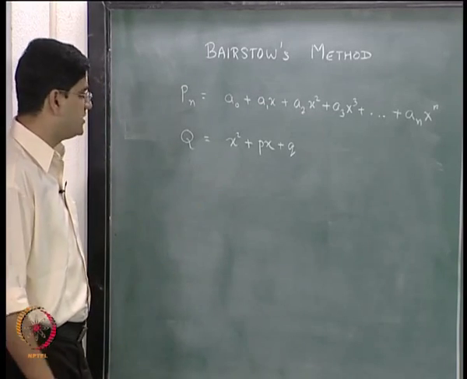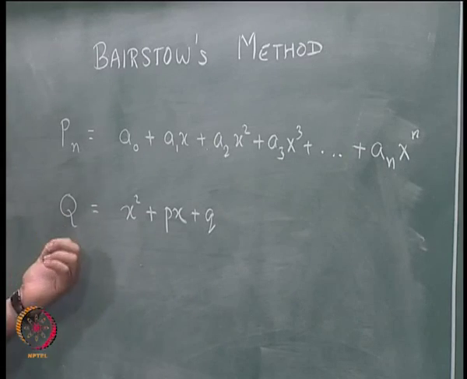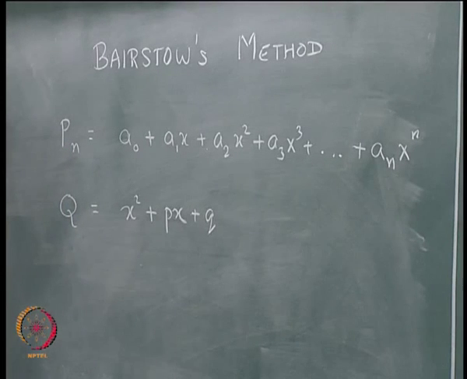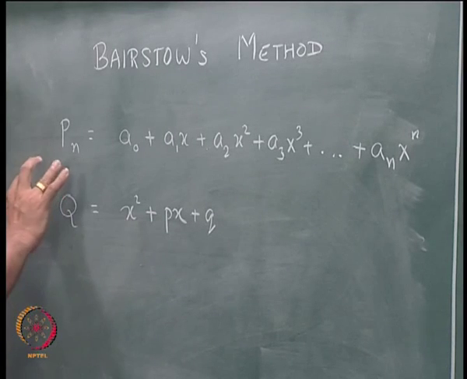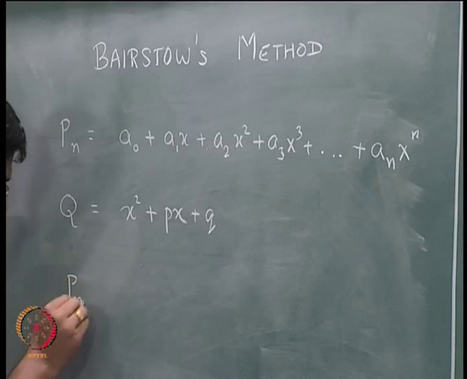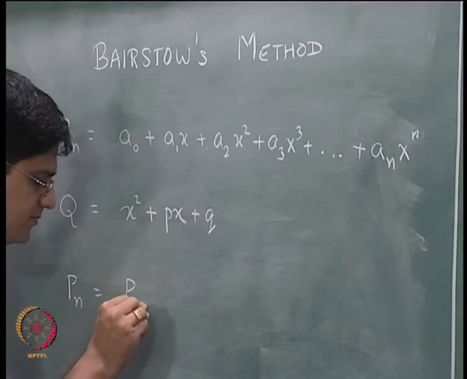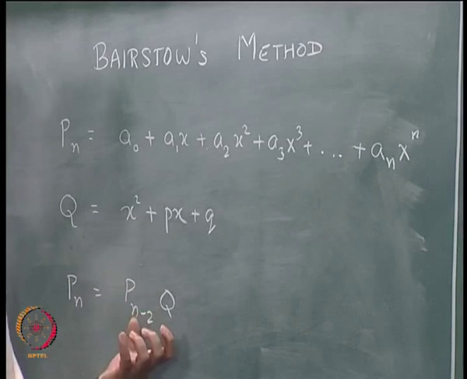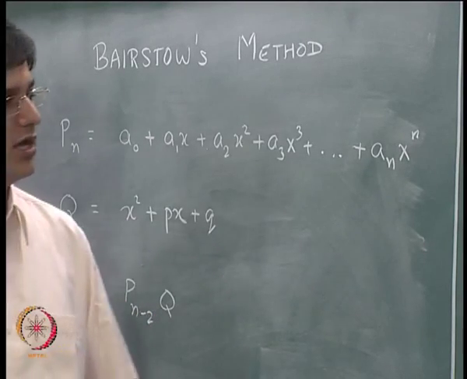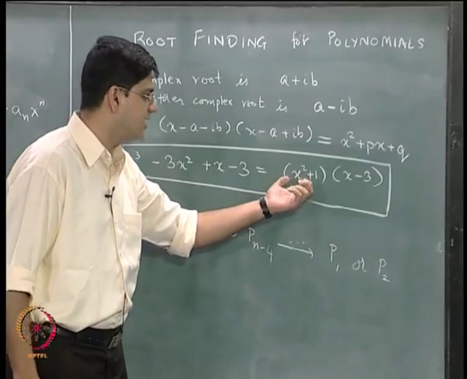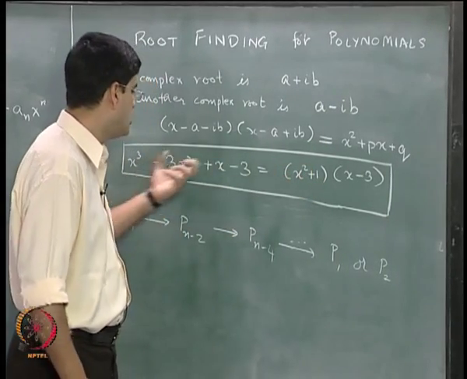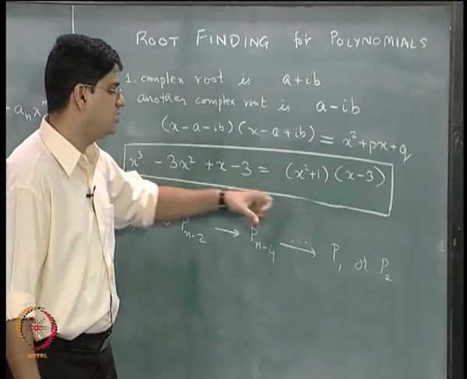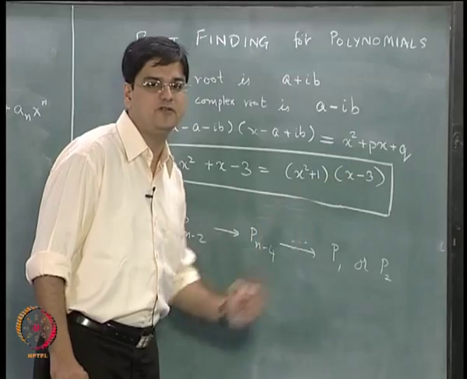We are interested in finding out whether or not this q is a factor of Pn. If q is a factor, then any polynomial Pn can be written as a product Pn minus 2 multiplied by q. For example, in this case, x squared plus 1 was a factor of the polynomial, so we could write P3 equal to q multiplied by P1.